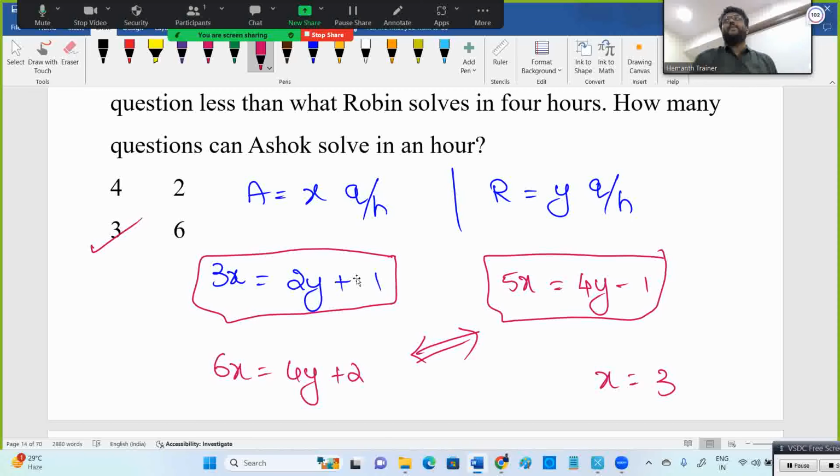You have to calculate the x value only. They're asking how many questions in an hour, which means x value only. x is nothing but 3.